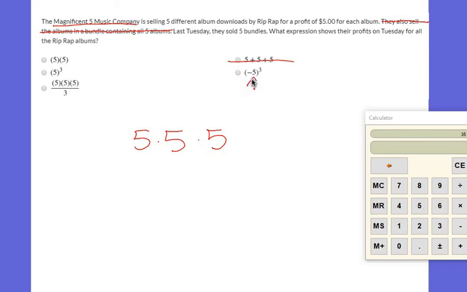This says negative 5. We have positive 5, so that cannot be it. This is multiplying by 5, but then dividing it by 3. We did not do that. This just has 2 of them, and this one says we're multiplying by 5 3 times, so that would be my answer there.